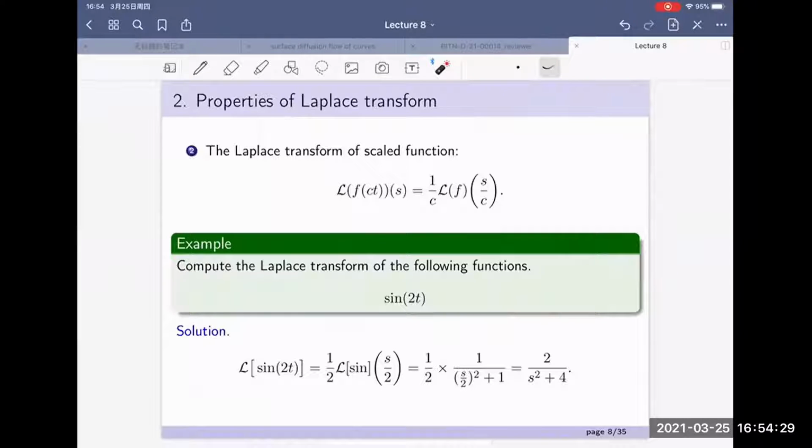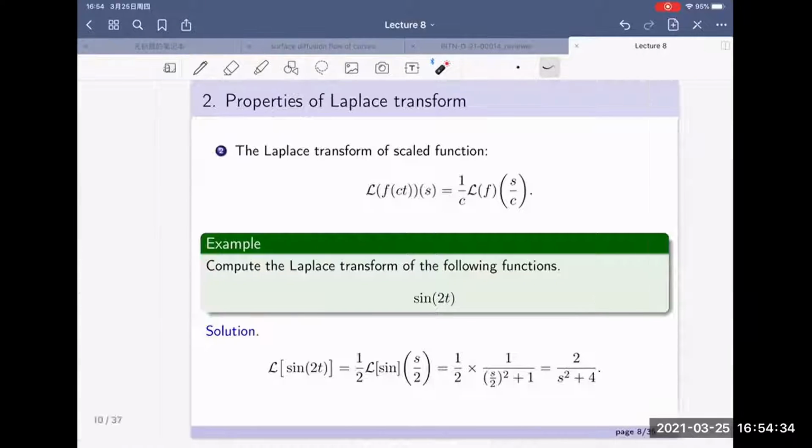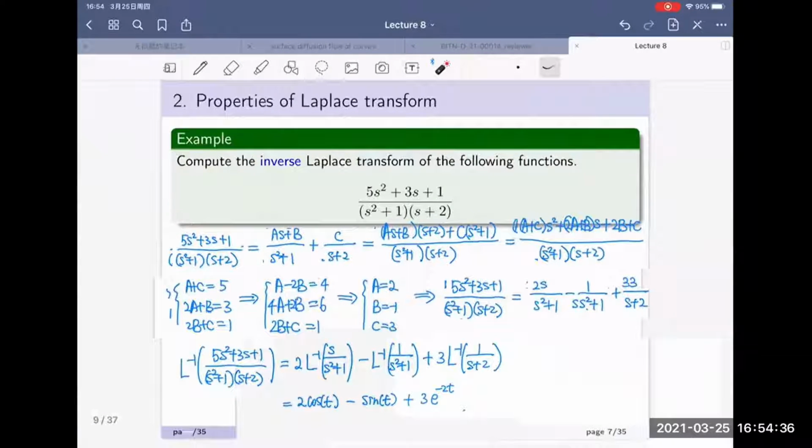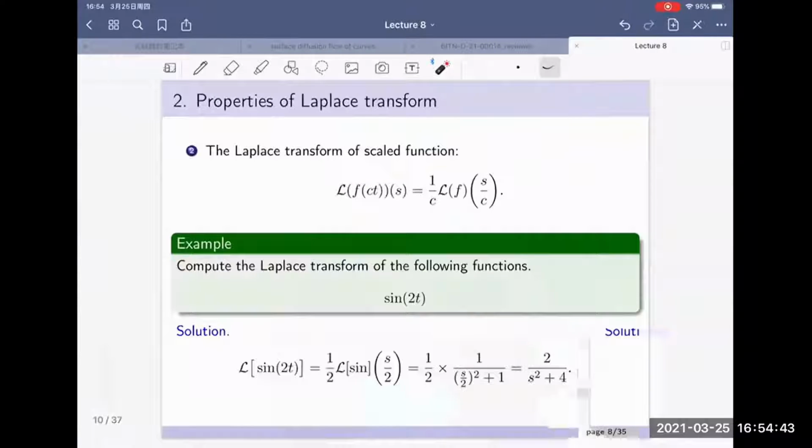That's just the simplest property, called the linear property. We use the linear property to decompose it into simpler functions and then apply the Laplace transform to each term. And there are other, more advanced properties. For example, what if you have a coefficient here? If you know the Laplace transform of sine t, then if you put a coefficient here, you can still calculate the Laplace transform by using this formula.